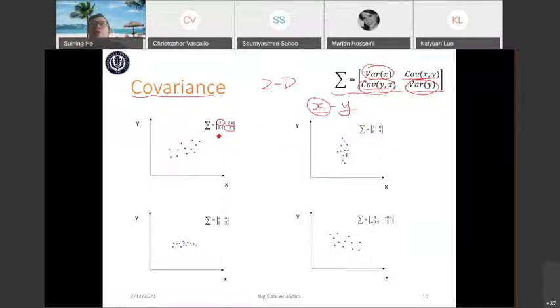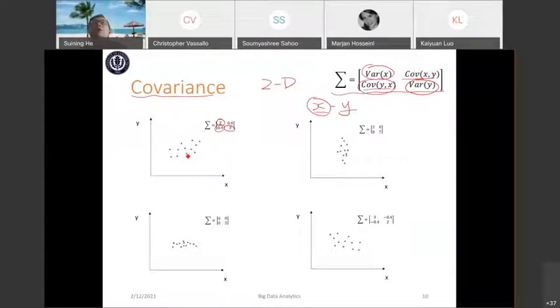Because it's symmetric, the covariance between x and y is equal to the covariance between y and x. So it's 0.4 here, and it is much smaller compared with the variances of x and y. But the variances of x and y have a similar scale. So we can see the entire data is pointing in a diagonal direction.